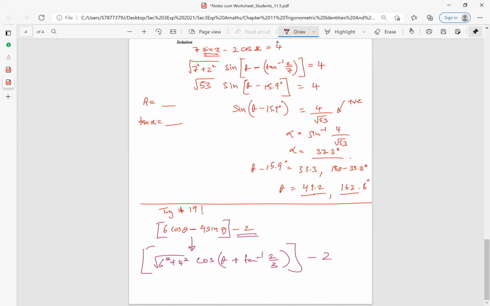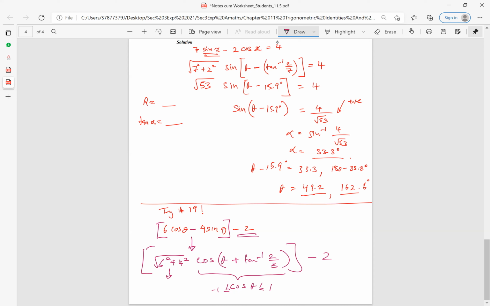If they ask you to find the exact minimum and maximum values, it is the simplest of all. You don't even need to calculate this. Why? Because the minimum and maximum value is between the value of what? Do you get this idea? This is 36. 36 plus 16 is 52.